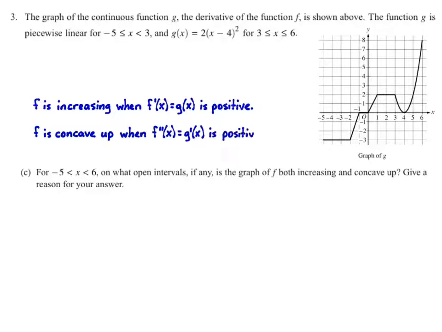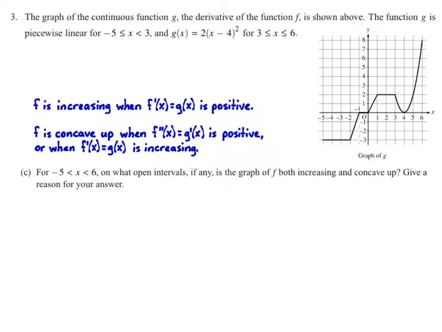Now, in terms of justification, we always want to revert our justification back to the thing that was given. So since I was given g, this justification isn't going to cut it. So we have to translate this statement that g prime is positive into something about g. So that's where our chart comes in. G prime is positive when g is increasing. So we can say, or when f prime of x, which equals g, is increasing.